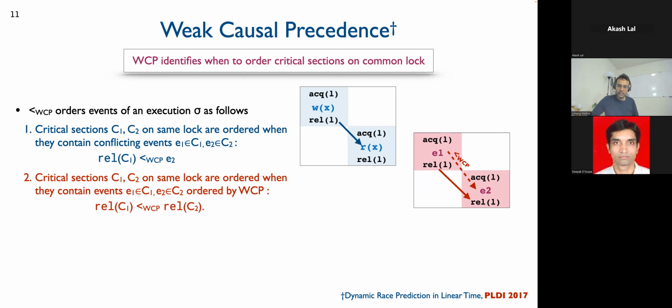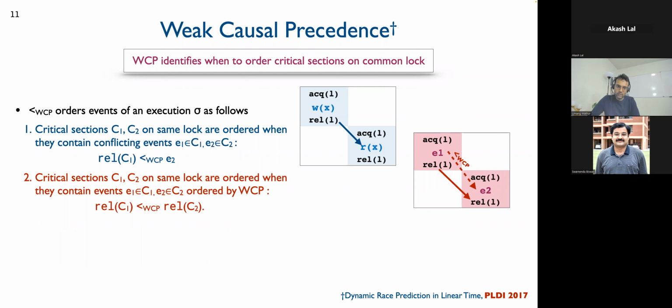And finally, yeah, I have a question. So you said ordering from the release in the first thread to the acquire in the second thread would make the analysis expensive. How does that change if I order the release of L to the read of X in the second thread? So you're talking about the first rule?